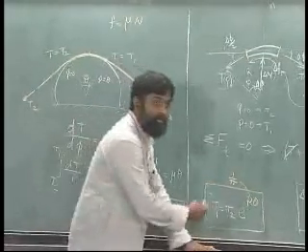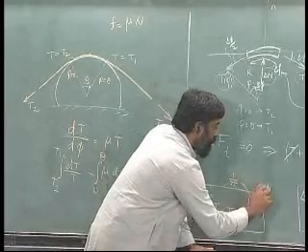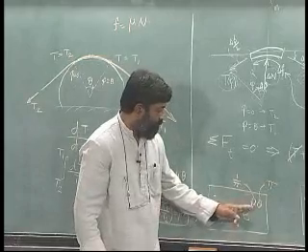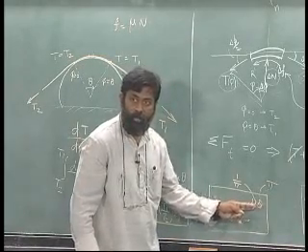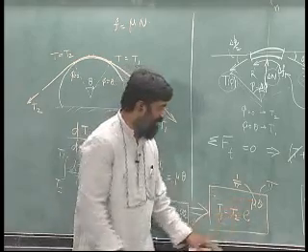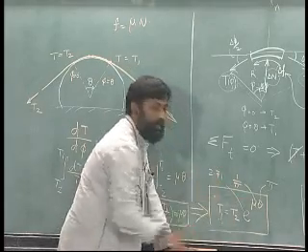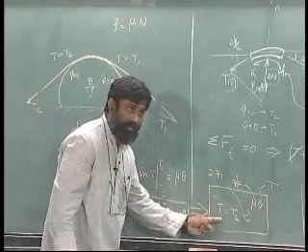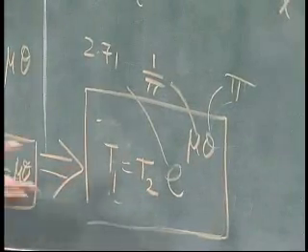I am just going to give an example over here. Let us say theta equals pi. What do I get? E raised to 1 by pi times pi is equal to 1, which means T1 equals T2 times e, 2.71 or whatever, which means roughly T1 is 3 times T2, a very high number.